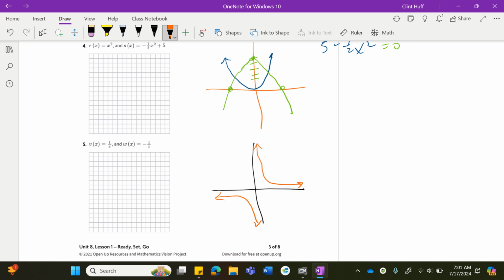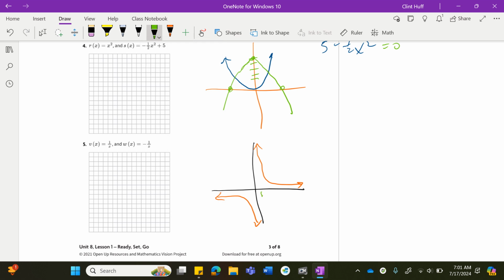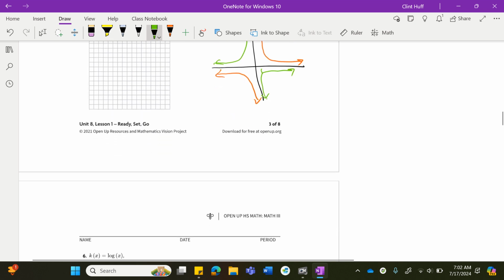Okay, the opposite of x is going to flip that over the x-axis. I'll do this one in green. So quadrant 1 will flip down to quadrant number 4, and quadrant number 3 will flip up into quadrant number 2. So the green is this guy, and the red is the 1 over x.